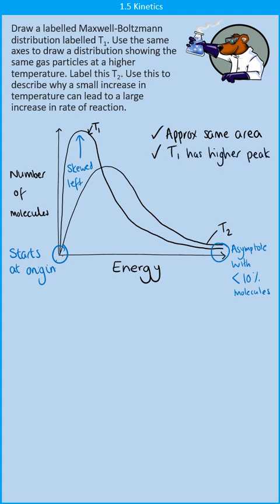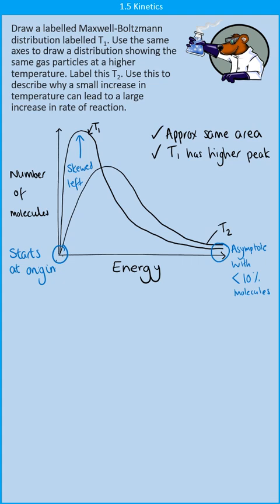Secondly, we're going to have a higher peak for T1. If you think about it, T1 is our colder temperature, and therefore on average, the particles have less energy. So if you think about the range of energies that they could have, it's going to be narrower.